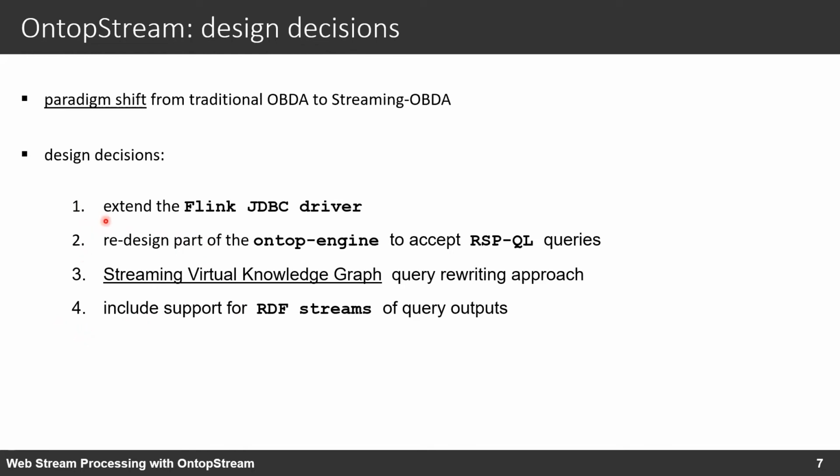We needed to find a way to communicate with the stream processing engine, so we use the Flink JDBC driver, which is open source. We redesigned part of the Ontop engine. We designed the streaming virtual knowledge graph query rewriting approach, which we will see in the next slide. And finally, we have to include support for the results coming in a streaming fashion to the end user.